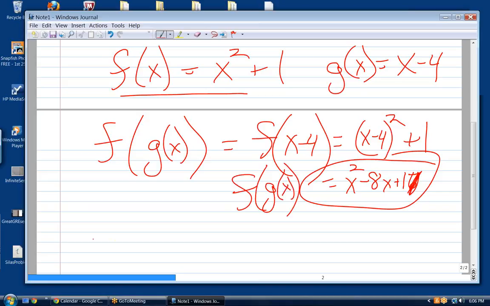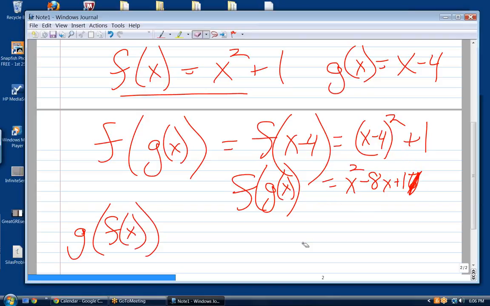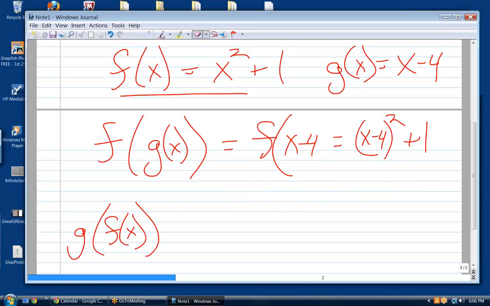They probably also want to know what g of f of x is. In other words, these are called composite functions. So it would be x squared plus 1 minus 4.